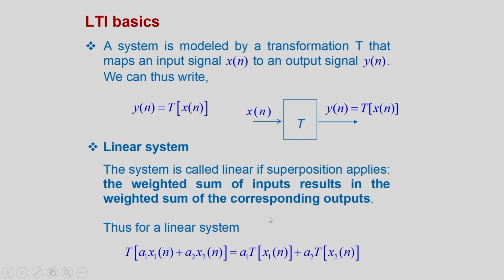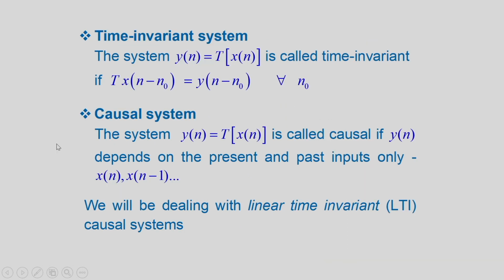So, this is the weighted sum of the outputs: A1 times the output due to x1[n] plus A2 times the output due to x2[n]. So, we saw what is a linear system.